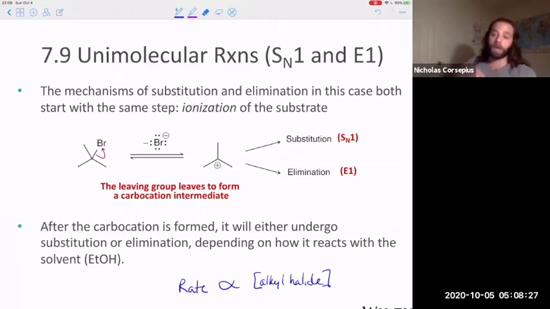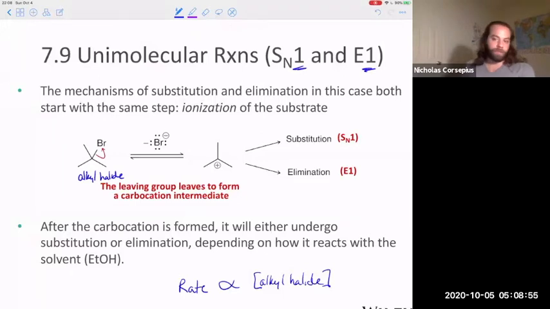That carbocation then goes on to react either as a substitution or an elimination. But both of these reaction mechanisms have that same first step, and that is the formation of the carbocation. And again, only the alkyl halide is involved in that step. The nucleophile isn't involved at all. So that's where the ones come from.